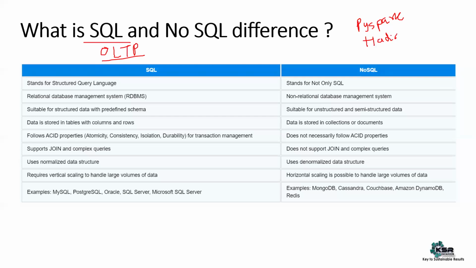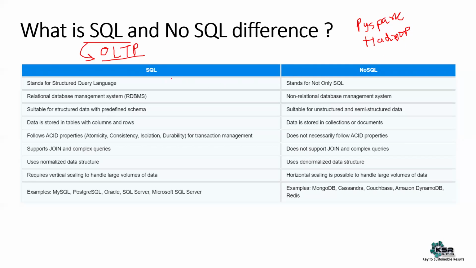Hadoop can be used, Hive can be used. Even SQL can be used to interact with the data warehouse. Even that is possible, but a very rare chance. Most of the OLTP uses SQL. Most of the OLAP uses big data languages.